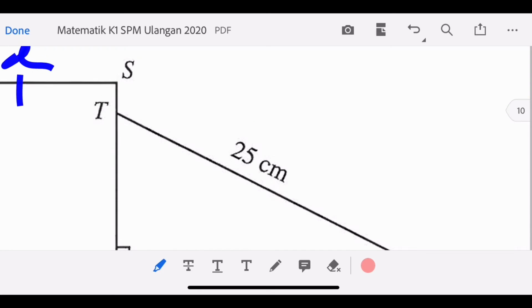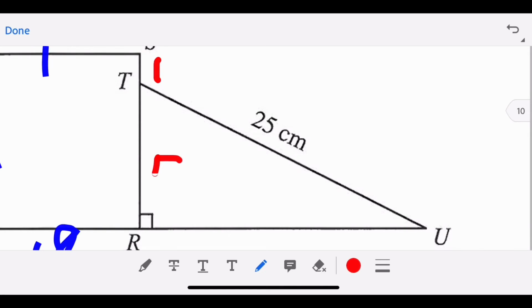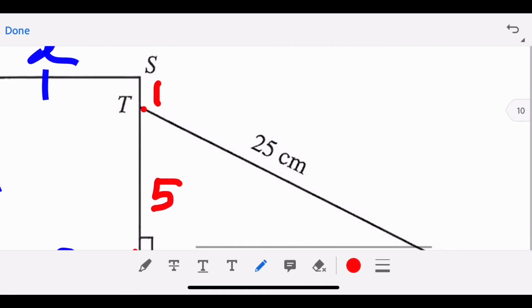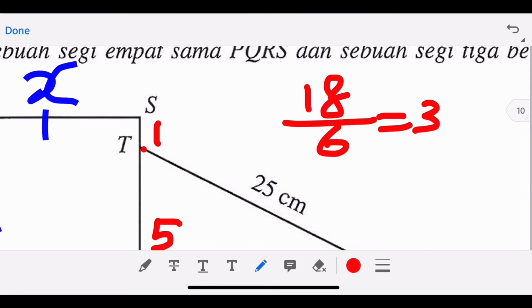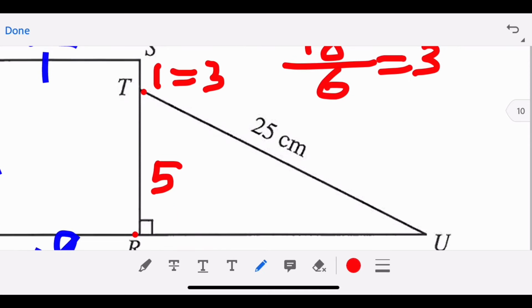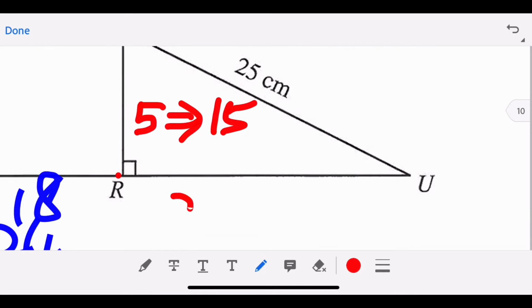The ratio for ST is 1, and the ratio for TU is 5. So by using the ratio, we can find the length for each one. We have 6 portions equal to 18, so 1 portion is 3, and 5 portions will be 15.